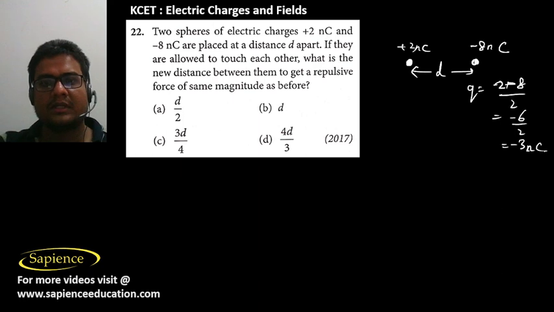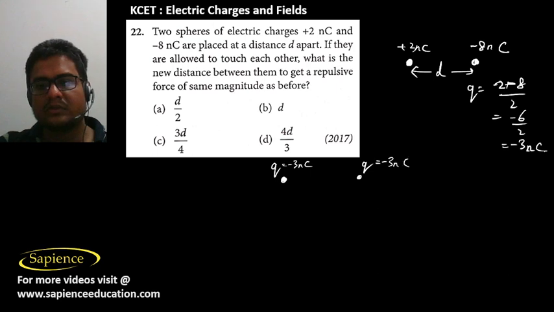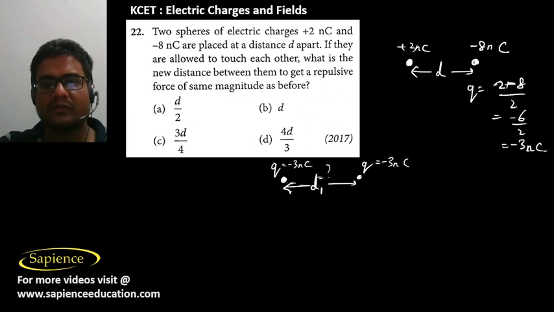Since the net charge of the system should remain conserved, according to conservation of charge, each sphere has charge q, which is minus 3 nanocoulomb. Let the new distance be d1. This d1 should be such that the force is the same in magnitude.